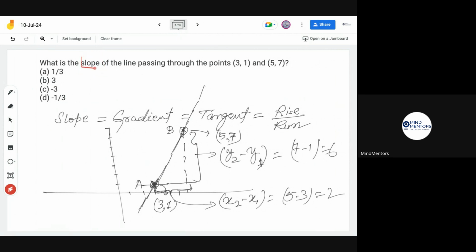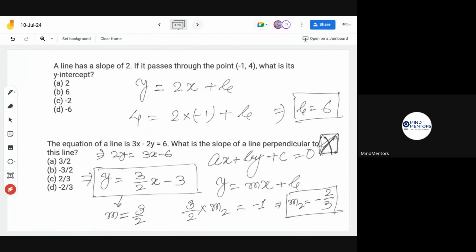They can be used interchangeably, so don't get confused if sometimes you hear slope, sometimes tangent, sometimes tan theta or gradient. All of them are same. And we discussed that the slope or gradient or tangent will be equal to rise over run.